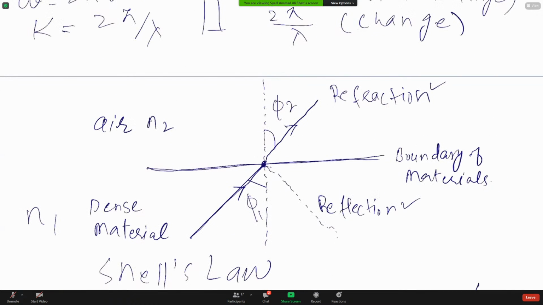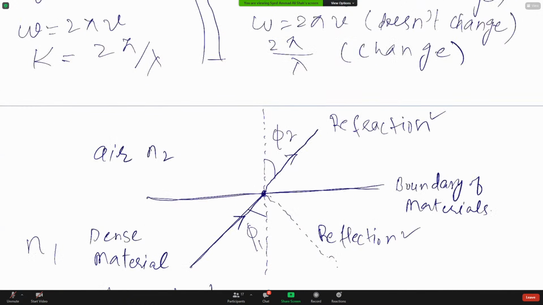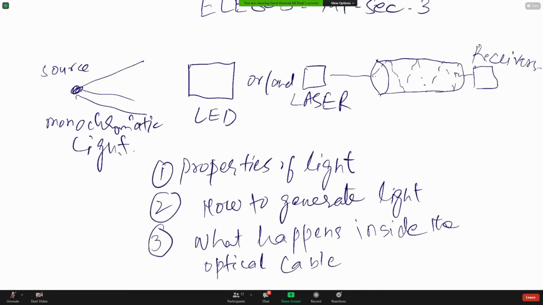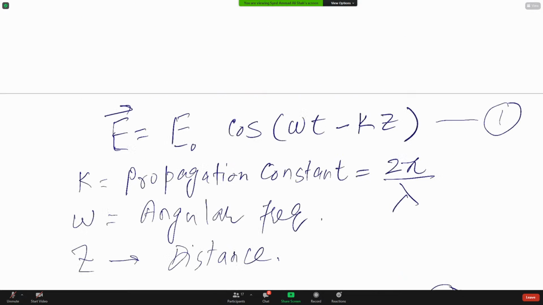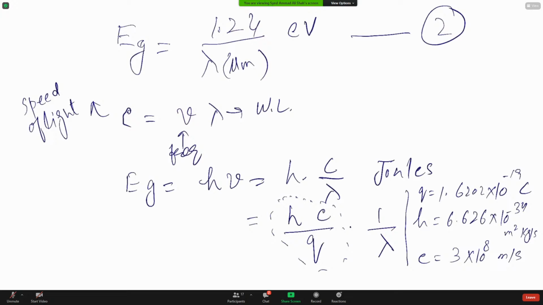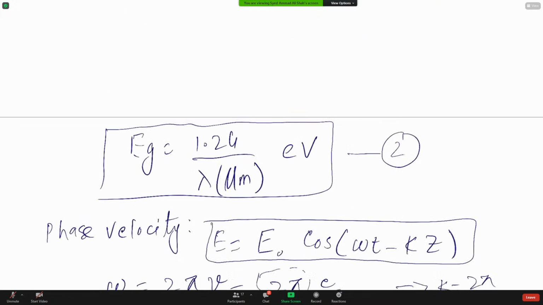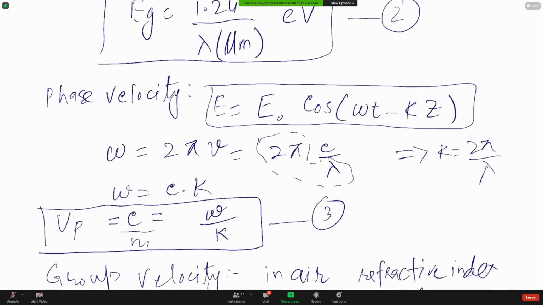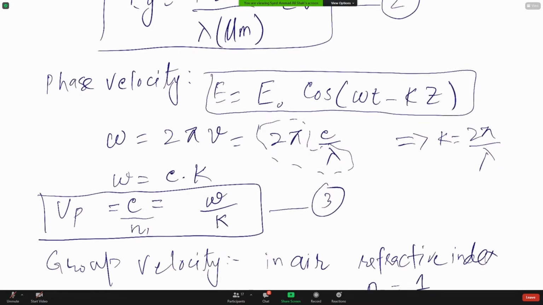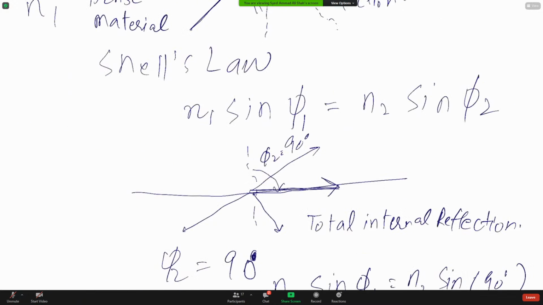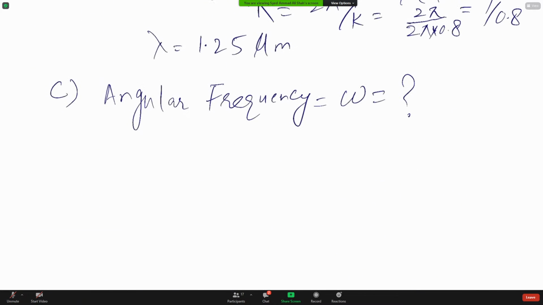Is it C times K? If you see here, can you see somewhere here? Omega is equal to 2 pi nu, 2 pi f. So omega is equal to 2 pi nu.